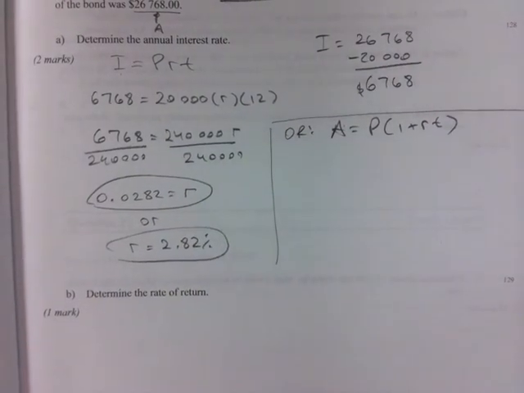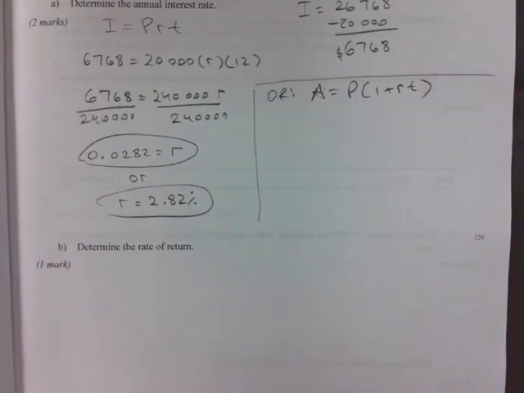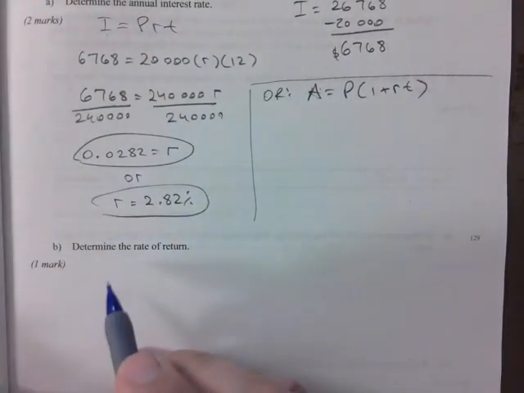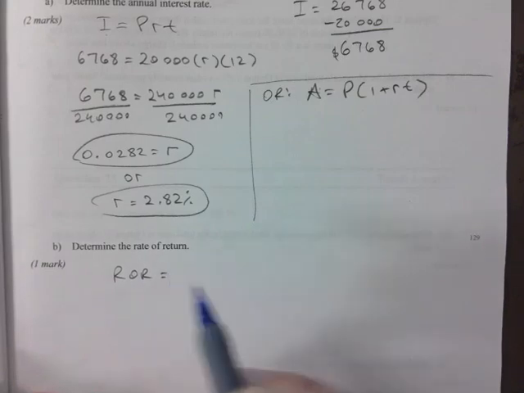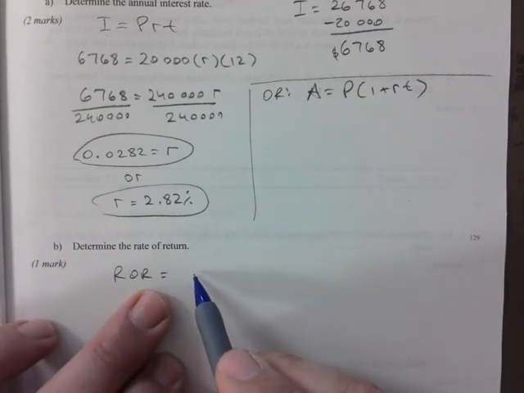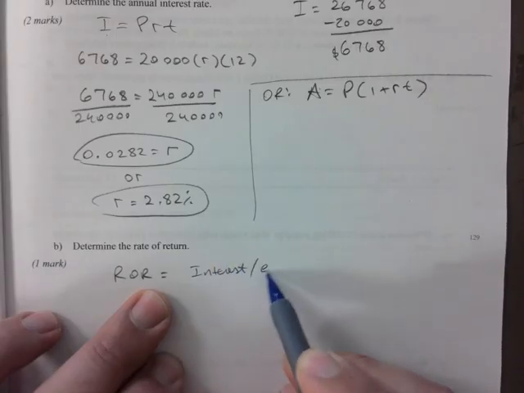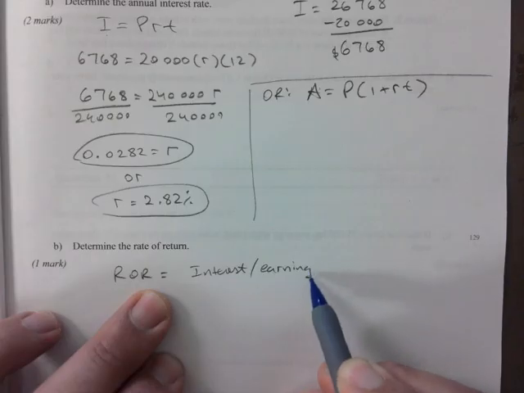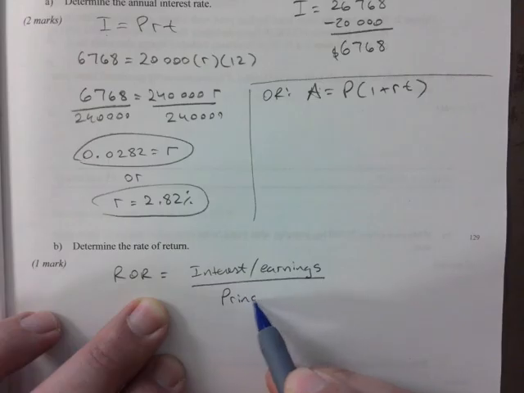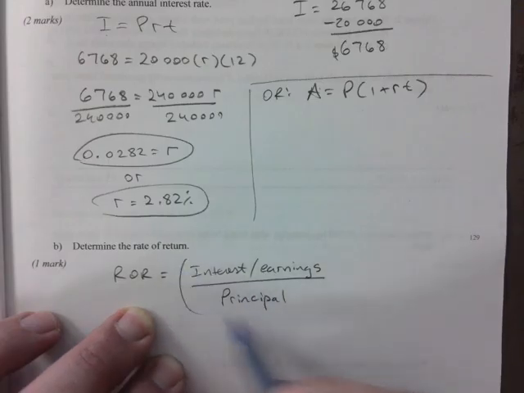Determine the rate of return. Rate of return in this case would be interest earned, or earnings, divided by principal, what you've put in, times 100.